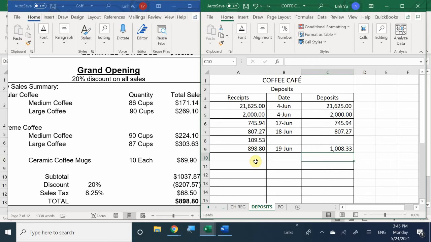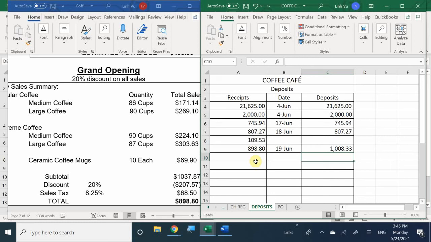Okay, so that's all I essentially did. If you deposited both of them at the same time or on the same day, or if you transferred over 109 and then transferred over the 898, it doesn't really matter. This is just for practice purposes: if you do collect cash or money, you need to deposit it into your bank for it to show up in your checking account.